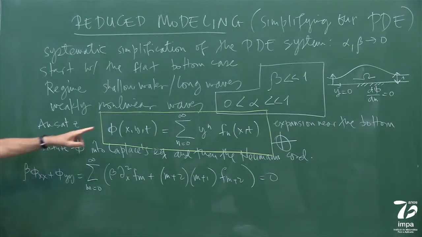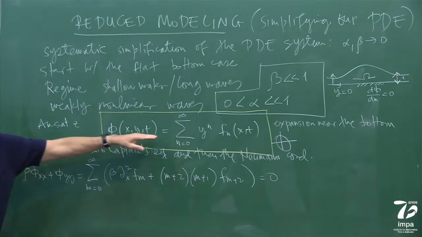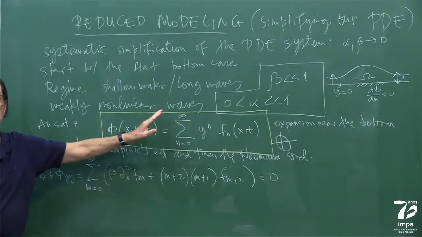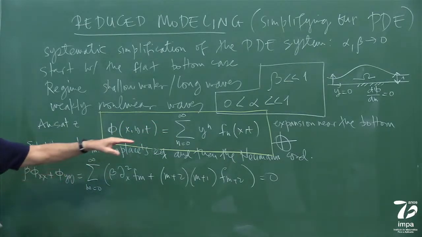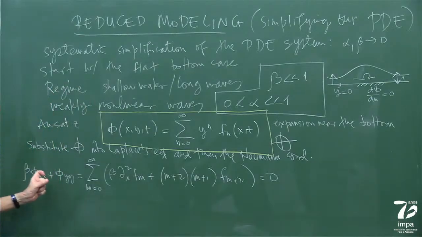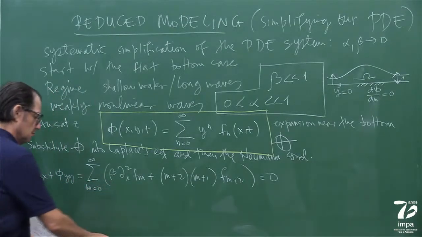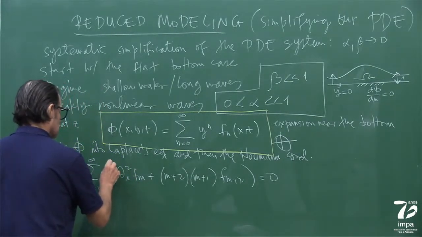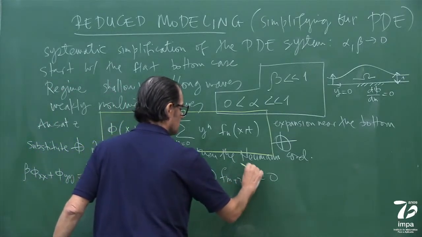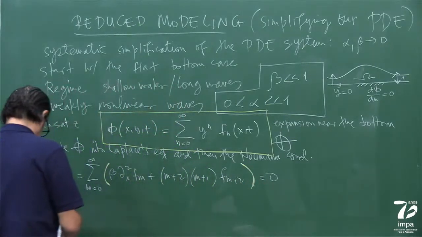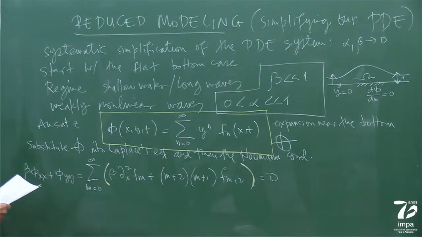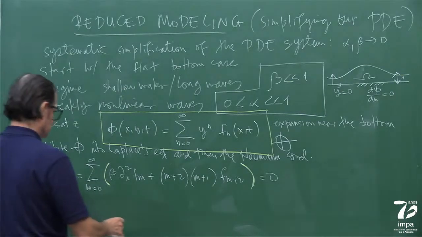Okay, so if I plug this in formally, we suppose that it converges and so on. You plug this into Laplace's equation, and we get this. This part inside, and I forgot something, let me put it here.